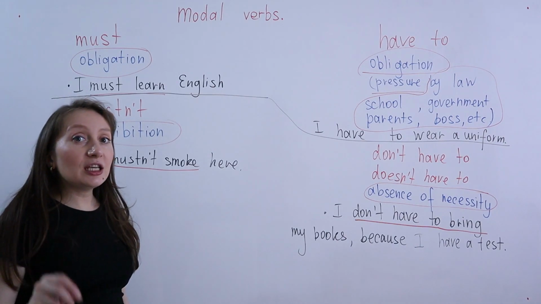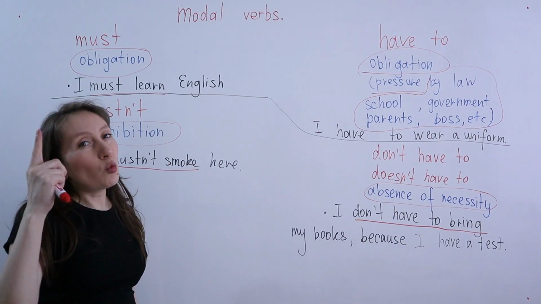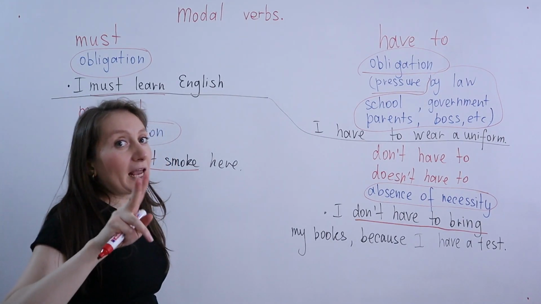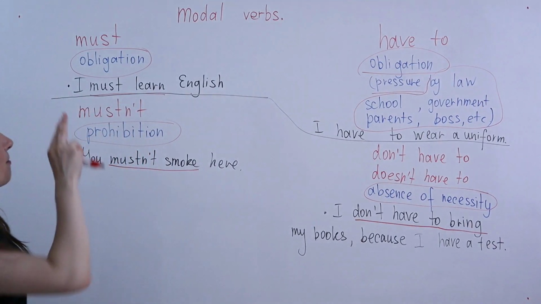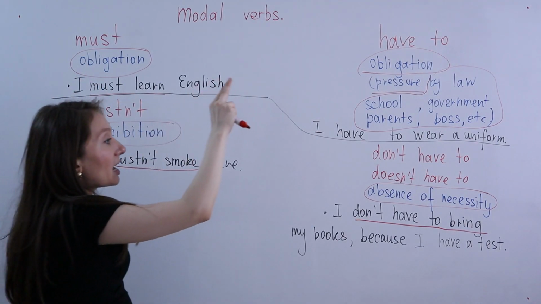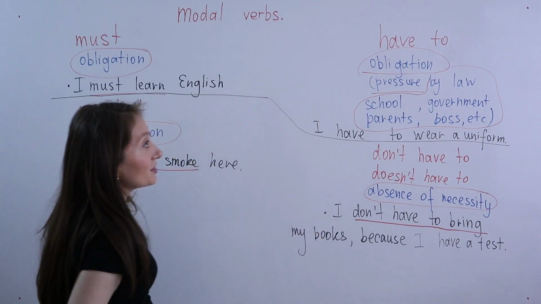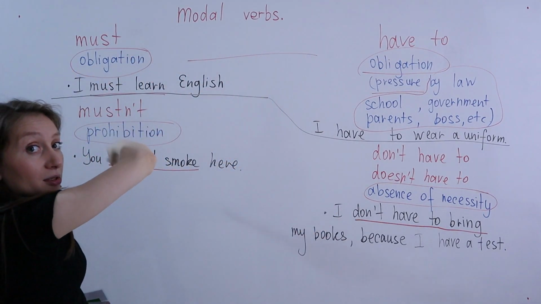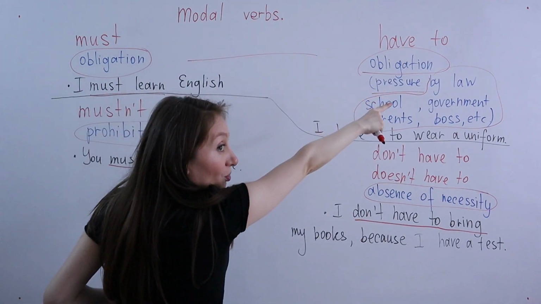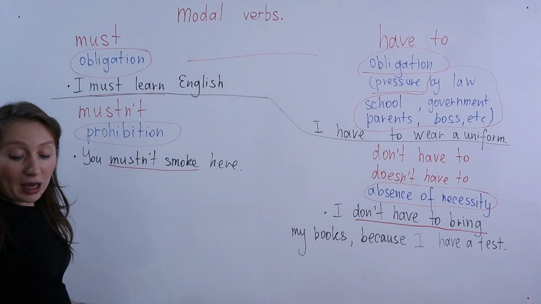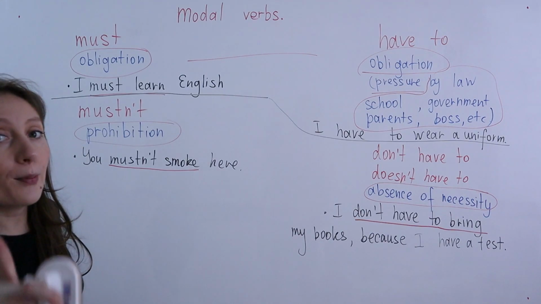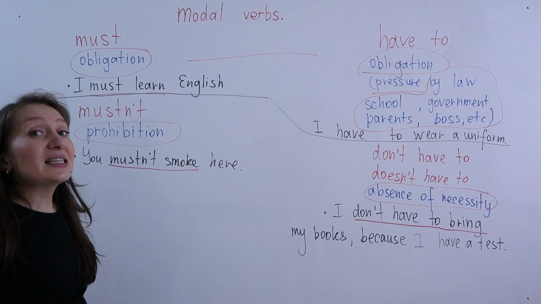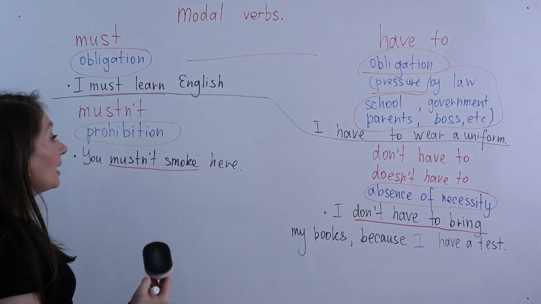Now, I will give you one more modal verb with a negative form. So we have must, mustn't, have to, don't have to, doesn't have to. You feel the difference between them, right? Obligation with pressure. So now I will give you one more modal verb. It is need.